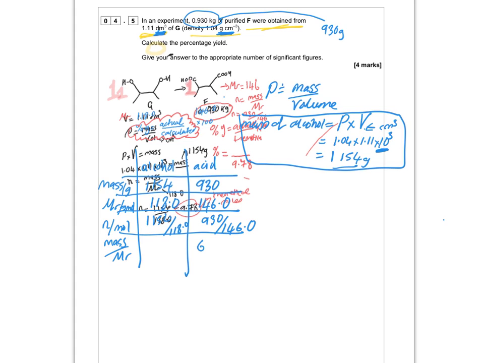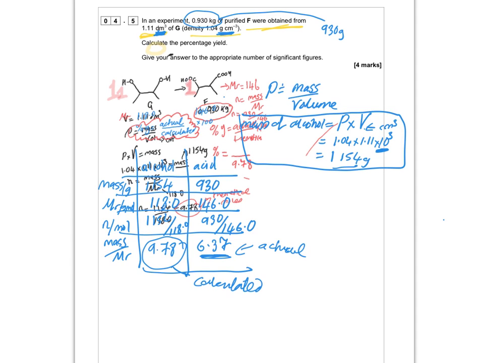So the number of moles of the acid is 6.37, and the number of moles of the alcohol comes out to 9.78. Theoretically, we should be getting exactly the same moles of acid as alcohol because they react in a 1-to-1 ratio, but we haven't. We've only got that many moles, so that is the actual moles, and this is the calculated.